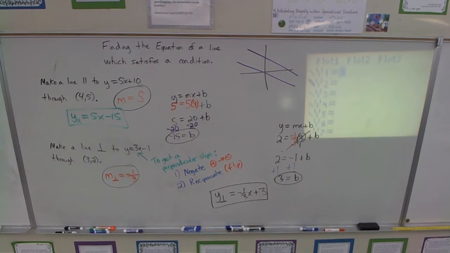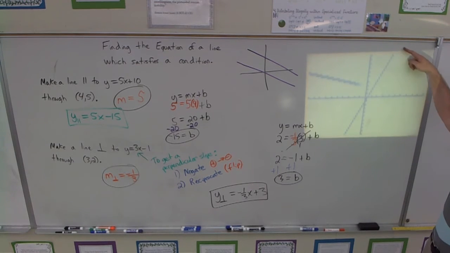So my first line, the original, was 3x minus 1. And we created one that was supposed to be perpendicular. Let's see if it is. I'm going to go alpha y equals negative 1/3 x plus 3. Zoom 6. So there's the first old line.